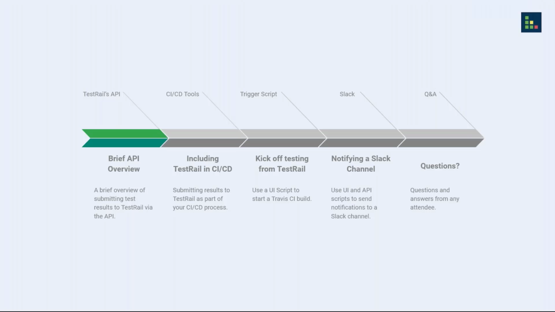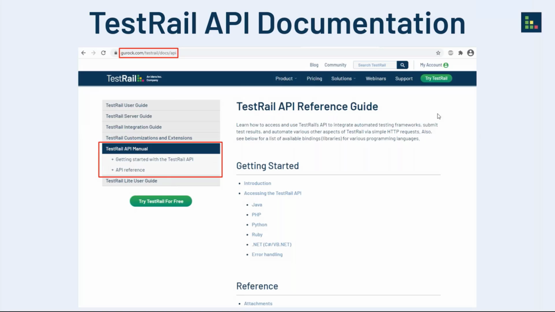As the agenda stated, let's go ahead and get started and take a look at TestRail's API itself. You can find TestRail's API documentation on the TestRail website, theguroc.com/testRail/docs/API. The documentation includes links to bindings for various programming languages: Java, PHP, Python, Ruby, and .NET.